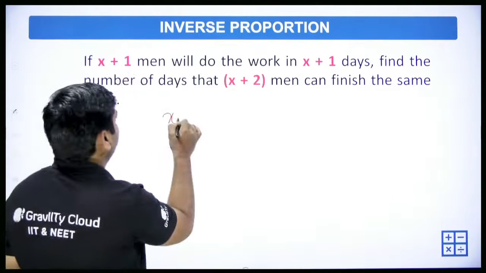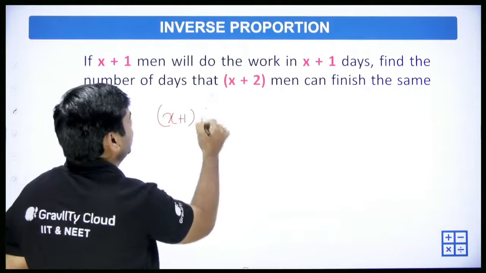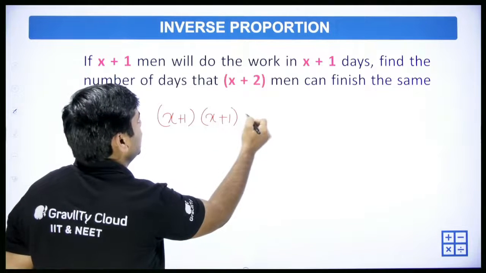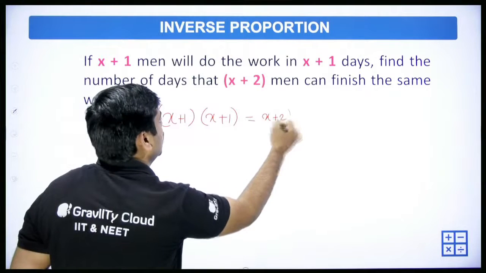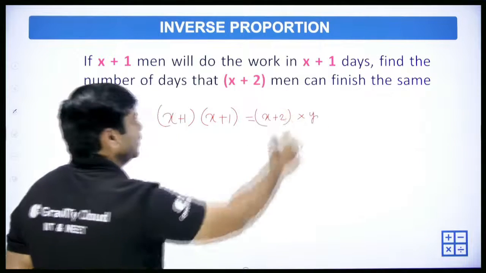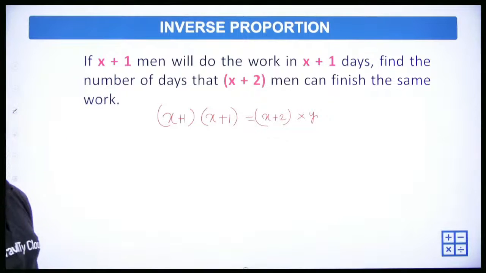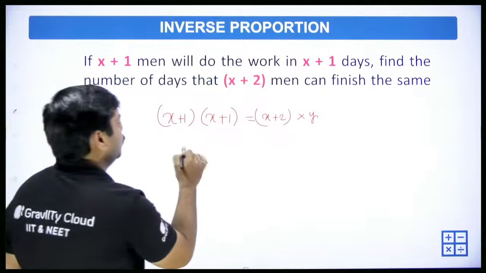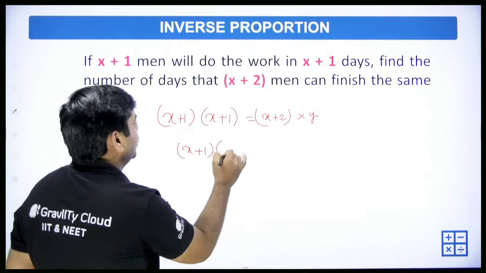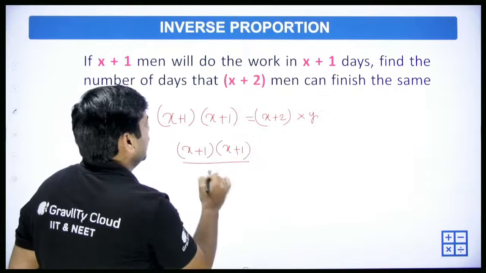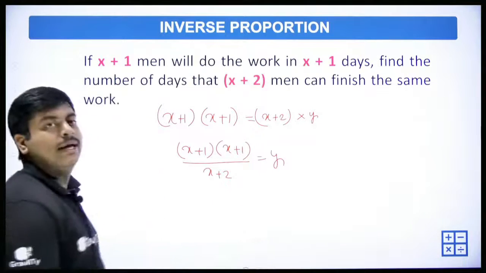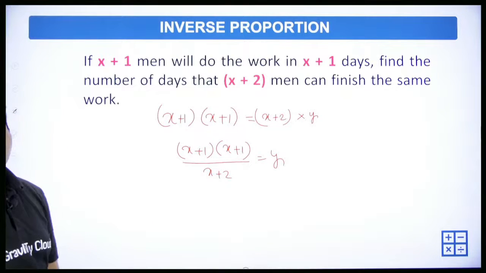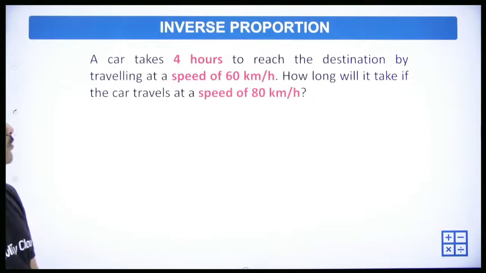So that will give you x plus 1 into x plus 1 by x plus 2, which is the number of days that they take. Okay, so let's move to the next one.